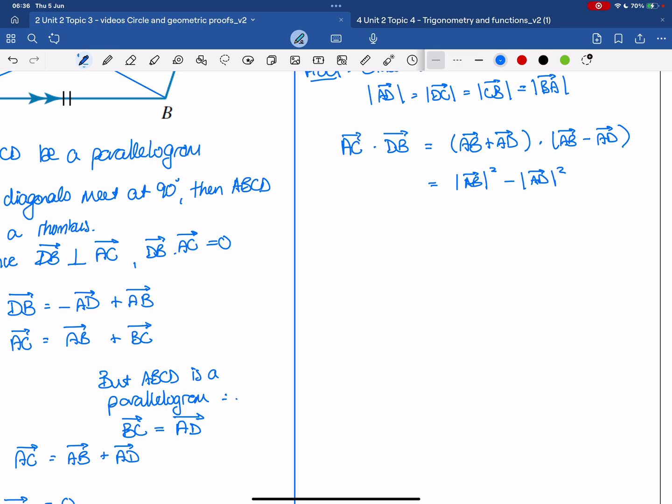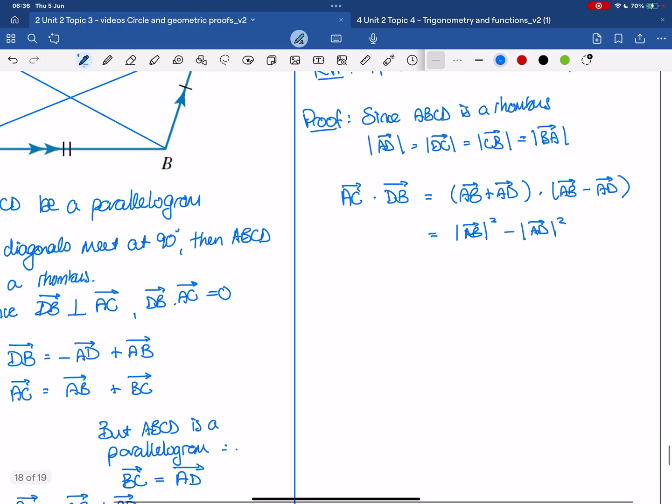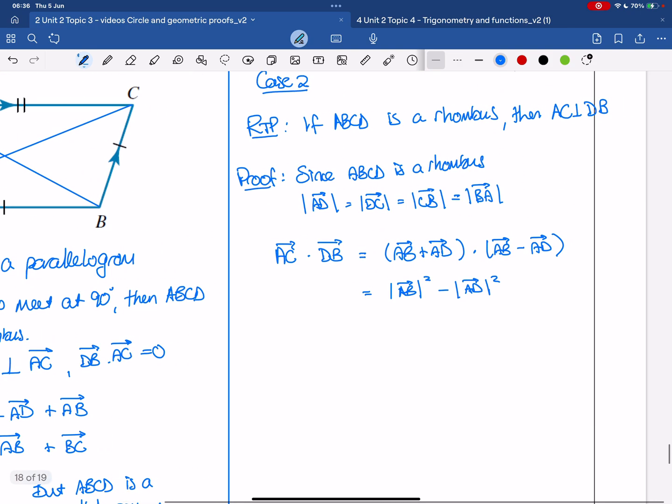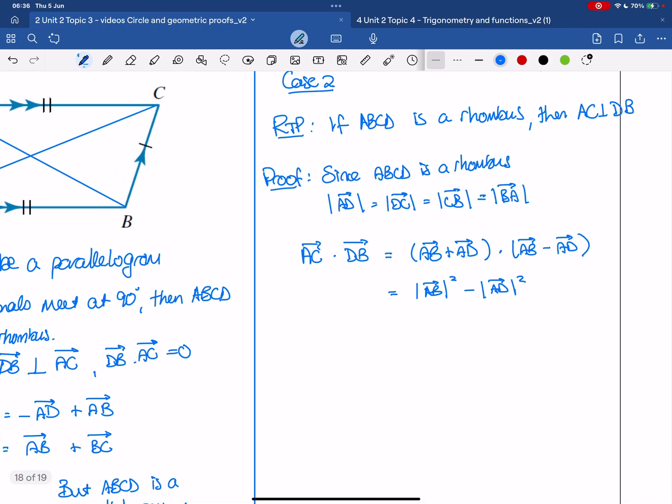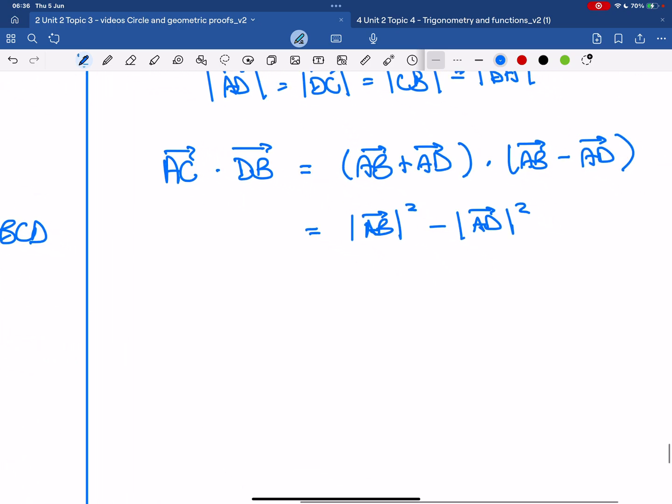And I know I've been given that AD equals AB because it is a rhombus, okay? And I've got these squared magnitudes, but because I know that the original magnitude is the same, my squared magnitude is the same.